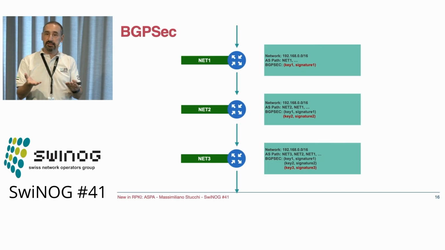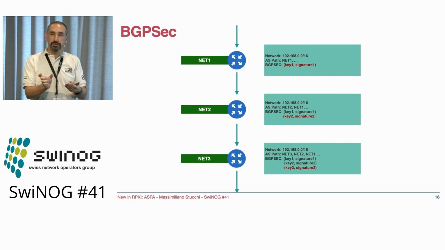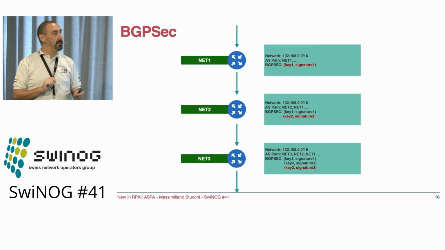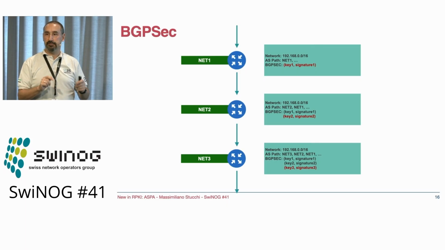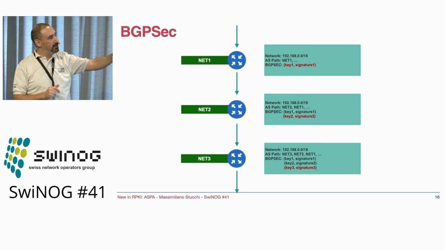Network 2 gets the AS path, opens it up, and validates the signature from network 1. If everything's okay, it adds its own signature, its own key pointer, and then passes it on to net 3. And net 3 has to do twice the validation, because it has to validate the path from net 2, then it removes network 2, and it does the validation from network 1.